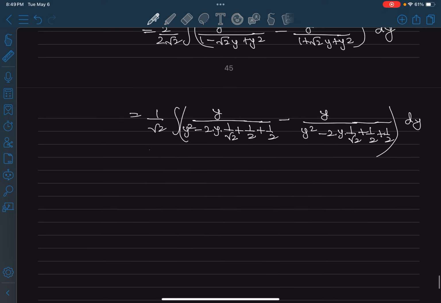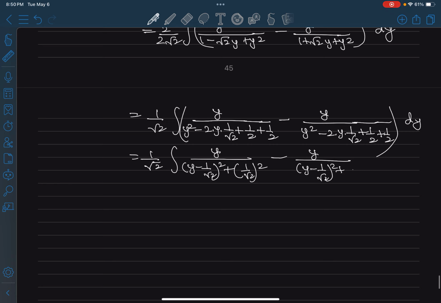So now this is just 1 by root 2 integral of y by y minus 1 by root 2 square plus 1 by root 2 square, right, minus y by y minus 1 by root 2 square plus 1 by root 2 square, right, and then dy.